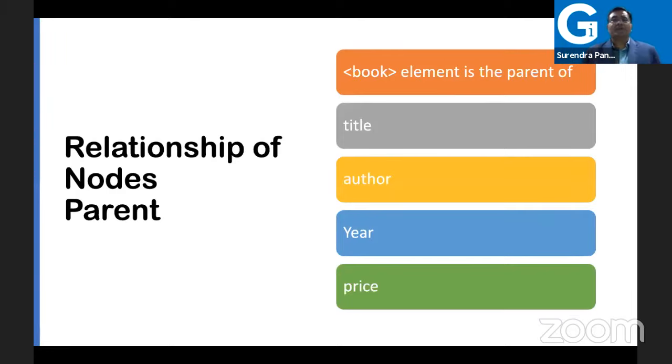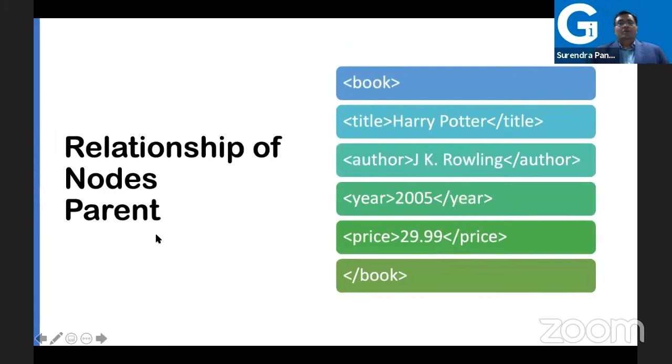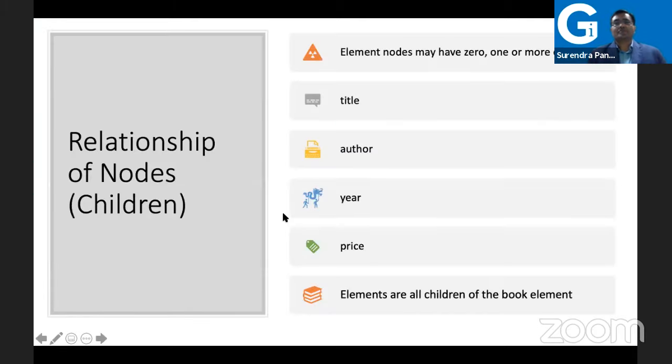That is the way the hierarchical structure works. We also call the bookstore the root node. So you can see this book is a parent for the title, author, year, and price.